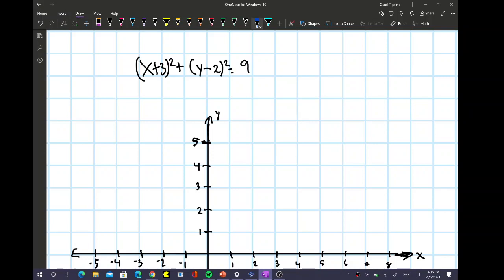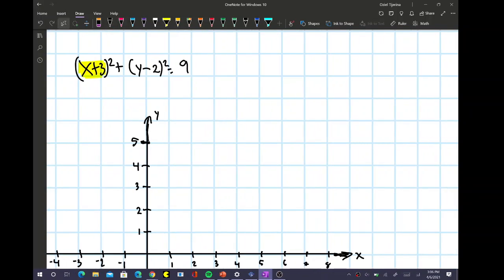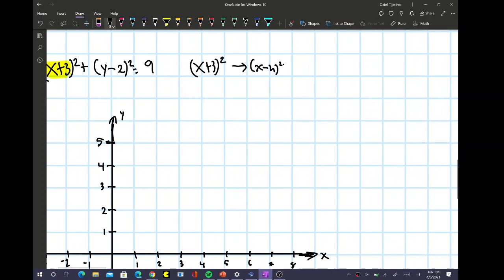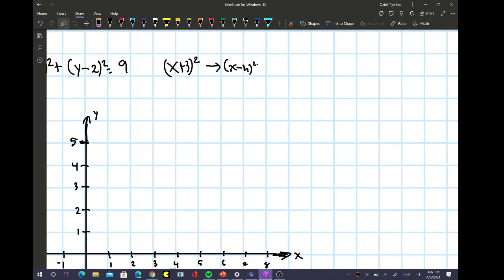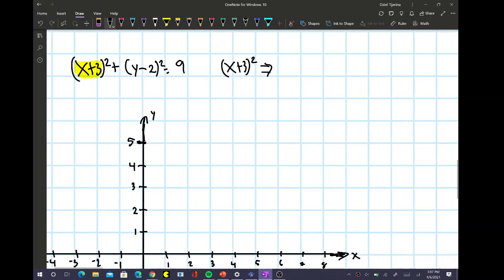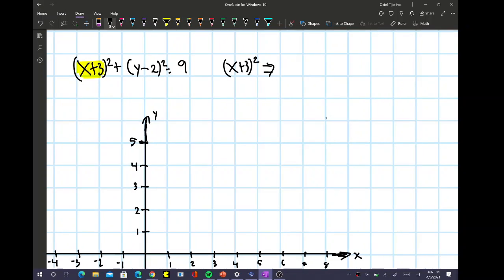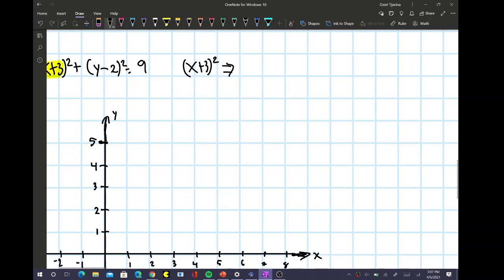Because right here where it says x plus 3 squared, we want that to be an x minus h squared, not x plus h squared. There's a big difference. So x plus 3 squared is obviously not in the right form. We want it to be in the right form. When you have a positive anywhere, like a plus something, you want to make it a negative.